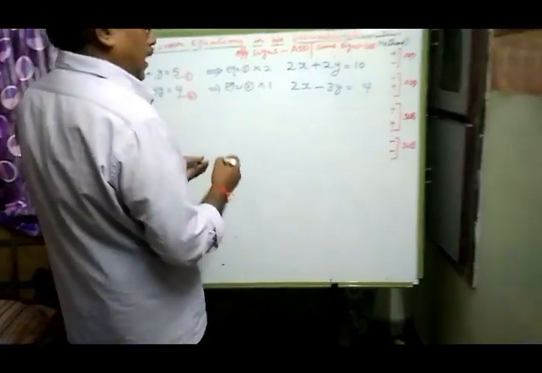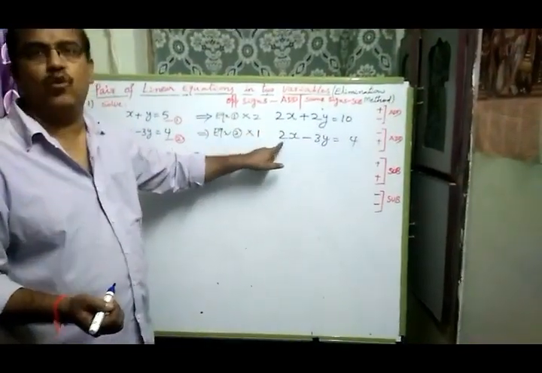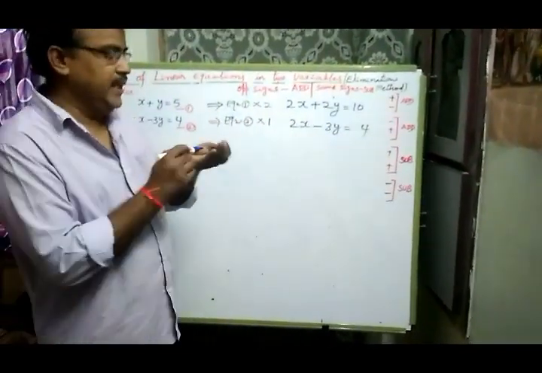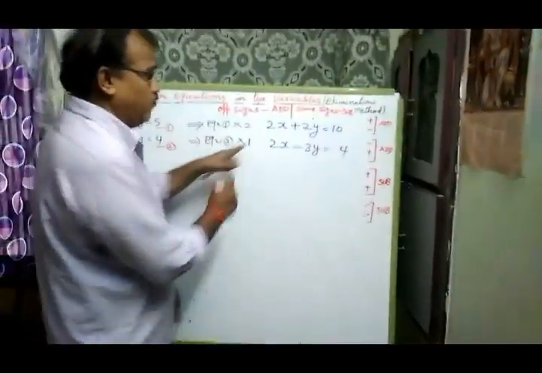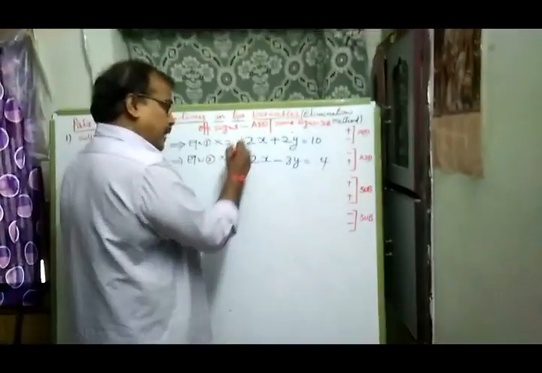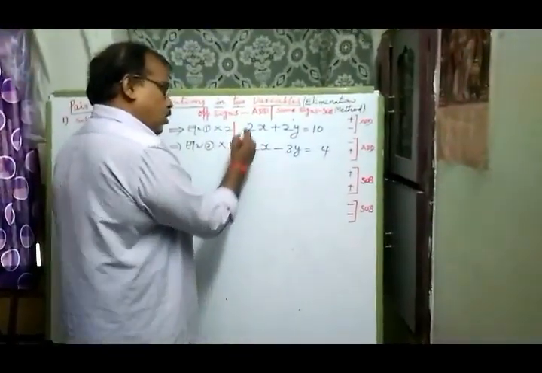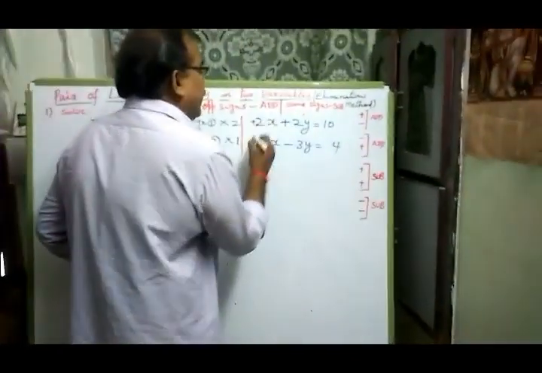Now I am going to eliminate x. Why? Because here also 2x, here also 2x. Now what is the sign of 2x?